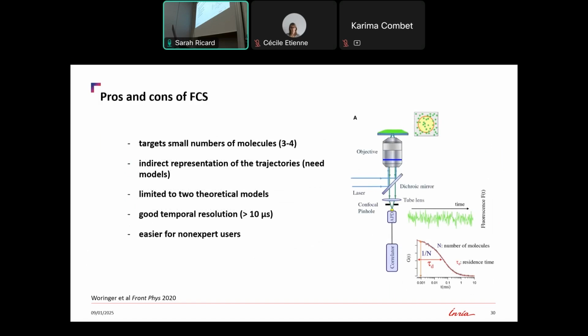For the other random walk, the fractal CTRW, there is at least no expression of the autocorrelation function G. But you have very good temporal resolution, down to 10 microseconds. You can even go smaller if you want. And it's much easier to use and to set up in the lab if you are a non-experimental user. So those are the two main experimental approaches that you can use for that, right?